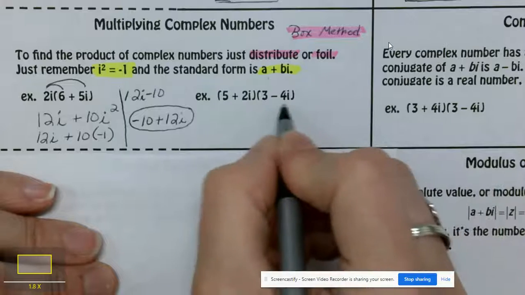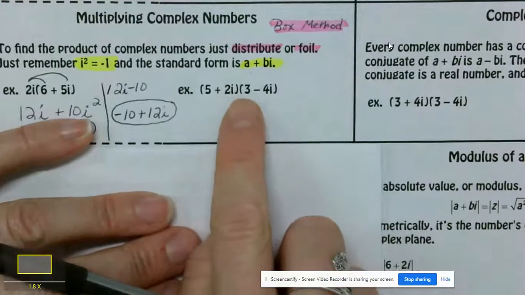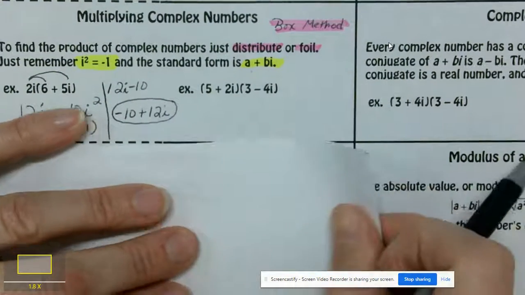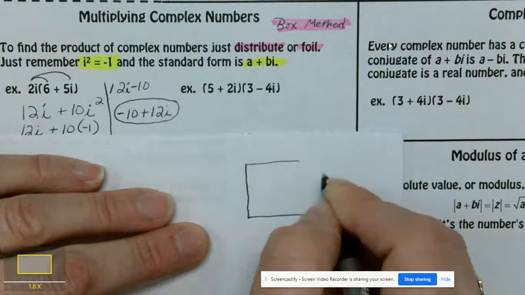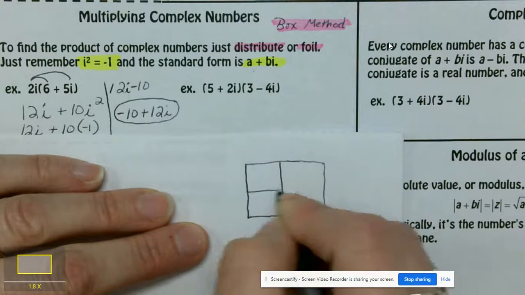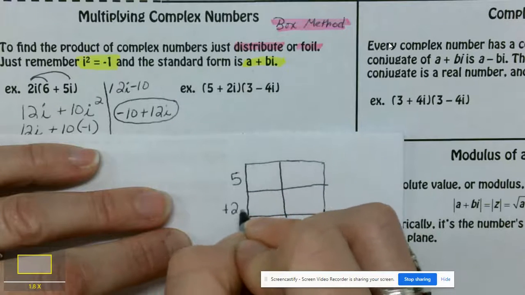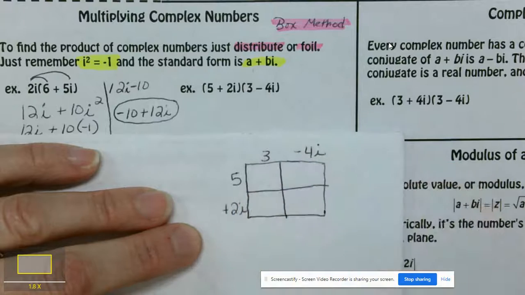Now for this one over here, I am going to go ahead and work it because I want to make sure that you see this box model on how to do this. So if I wanted to use the box model here, that means I would draw a box with 4 blocks. I would put 5 plus 2i and 3 minus 4i.